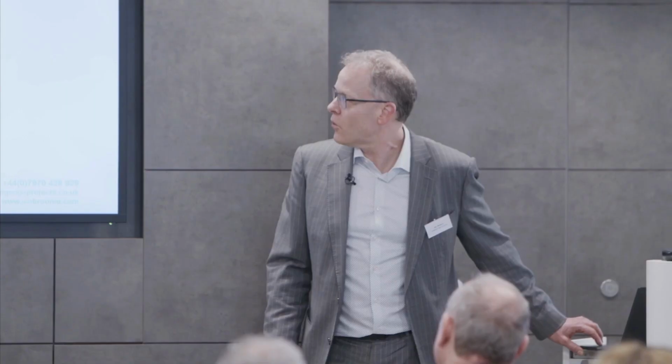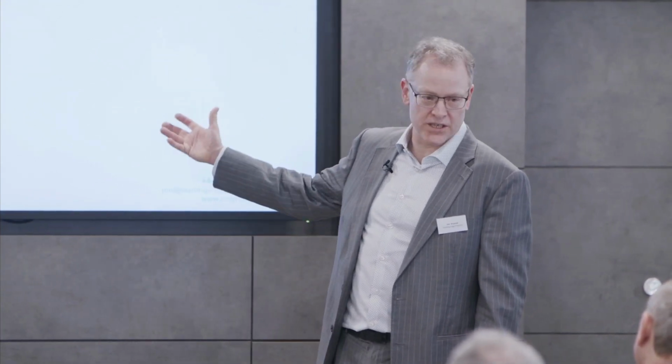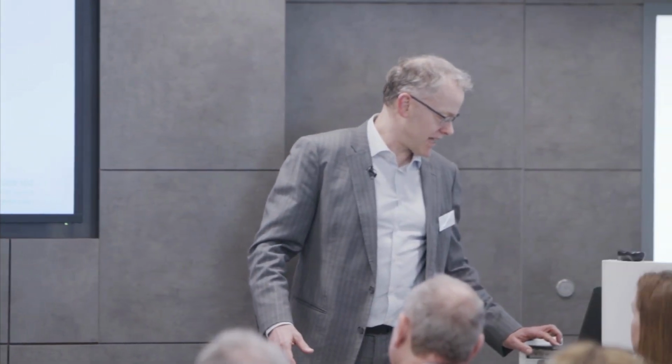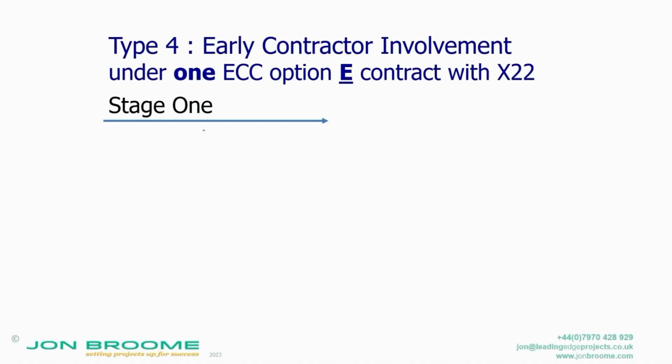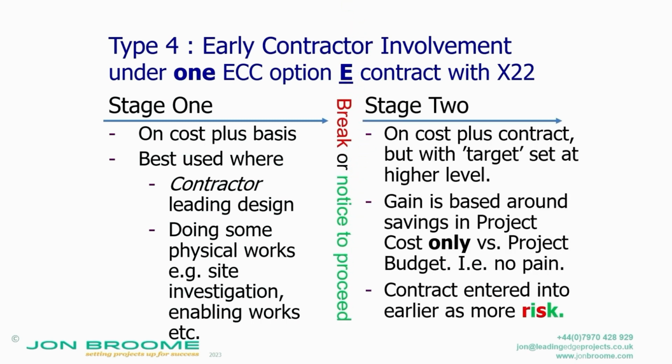So type 4 is early contractor involvement with one contract under option E with the standard clauses as written. So, how does that work? Stage 1 is pretty much the same as type 3. But then stage 2 is on a cost plus contract, but with a target set at a higher level.